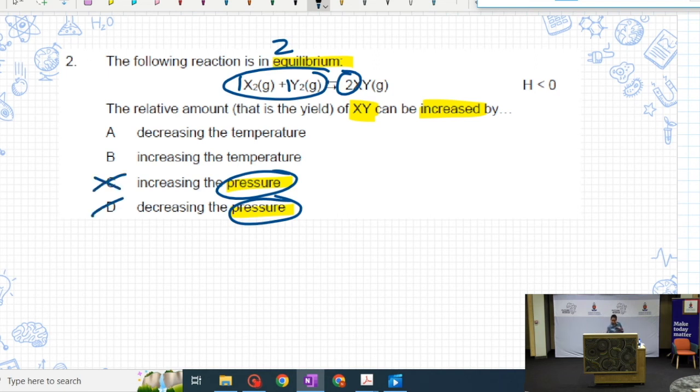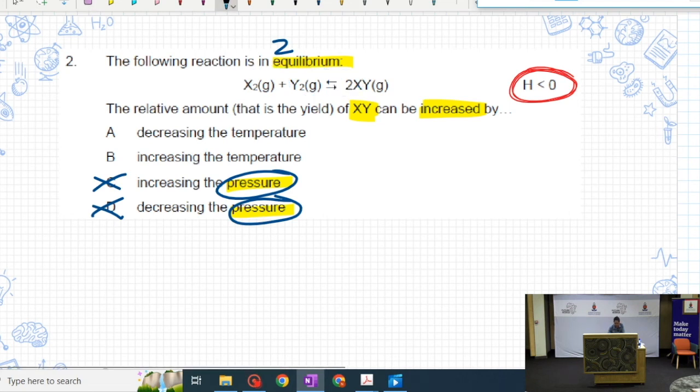Now on the right hand side we have this symbol that is smaller than 0 that you learned about in grade 11. What does it mean? Exothermic. Okay, here we have an exothermic reaction, and we know that if we would like to produce more of this and the reaction is exothermic, what do we need to do? Decrease the temperature or increase it?